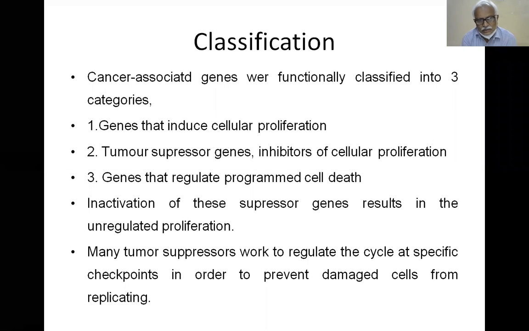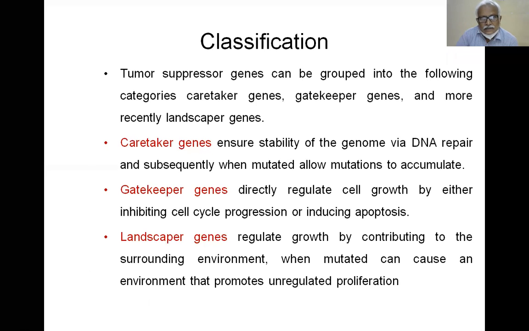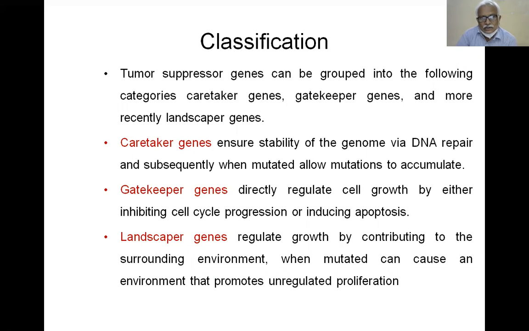Many of the tumor suppressors work to regulate the cycle at specific checkpoints in order to prevent damaged cells from replicating. There are many checkpoints, and at all the checkpoints, they should be able to interfere. So tumor suppressor genes can be grouped into caretaker genes, gatekeeper genes, and landscaper genes.